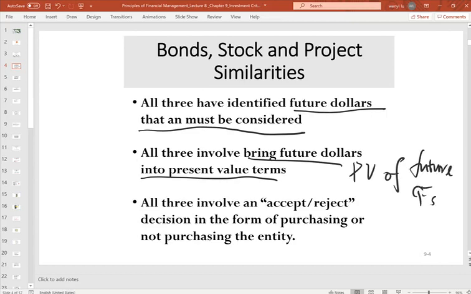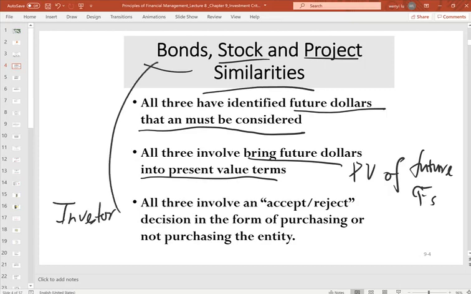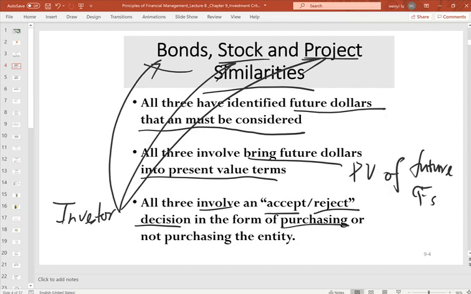For these three terms, as investors, you need to determine whether each one is profitable or not, so you will always face accept or reject decisions, in the form of purchasing or not purchasing.